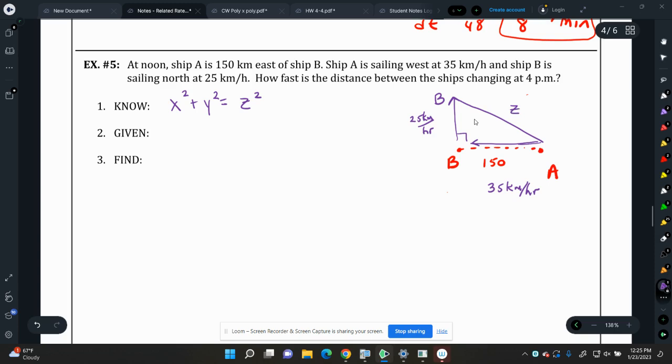Okay. So right away I see a problem. What's my problem? I don't have dr/dt. Is there any way of figuring out dr/dt?